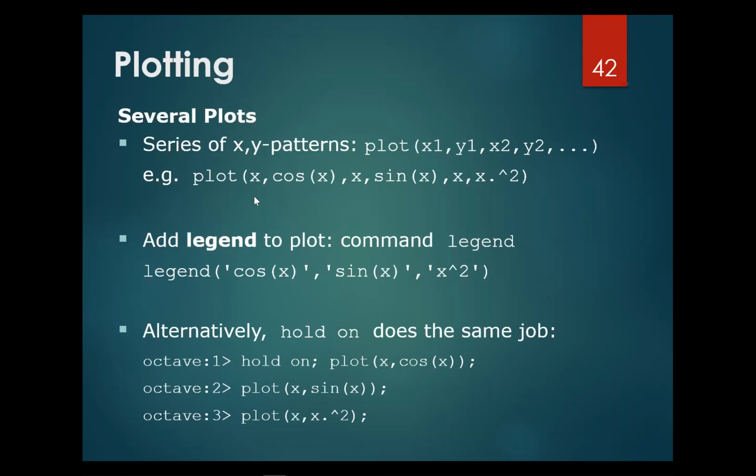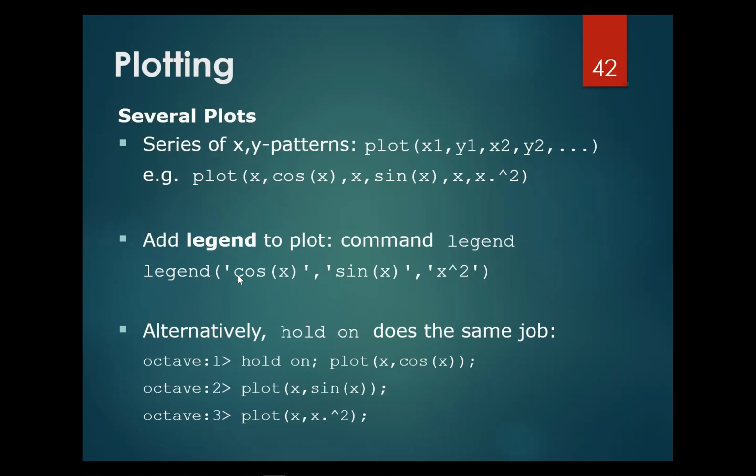Every graph, especially when you are dealing with multiple graphs, definitely you need a legend or a key. The legend or the key will tell us that this graph is for this function and this is for the other function, in that order. So this is how we add a legend. You use the keyword legend, then these are strings. Anytime you see something in quotes, it means a string.